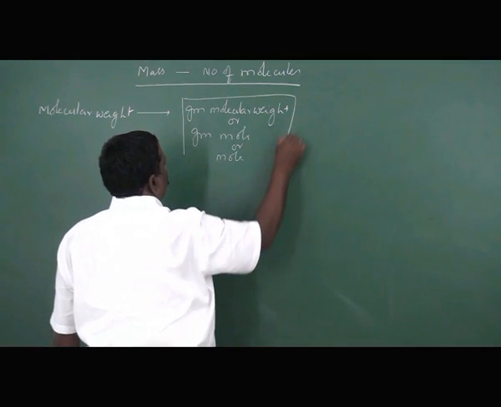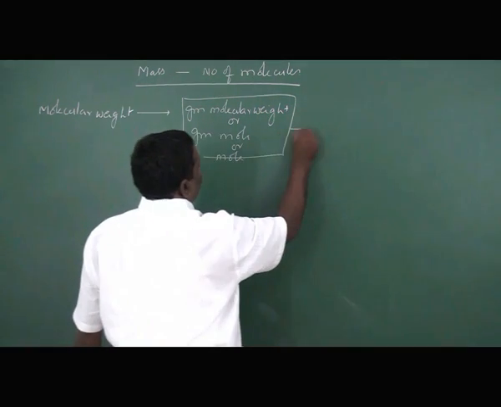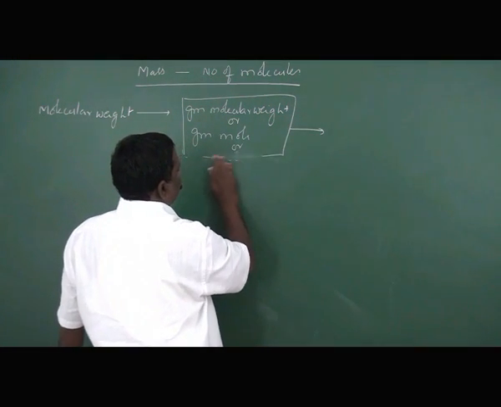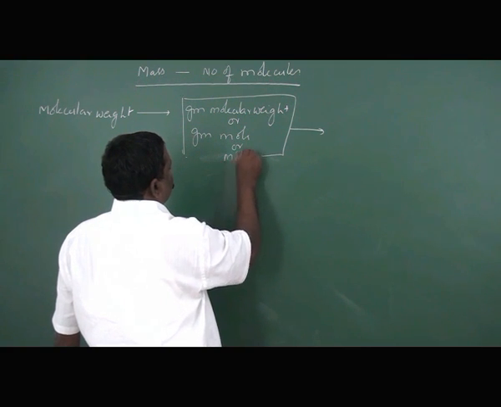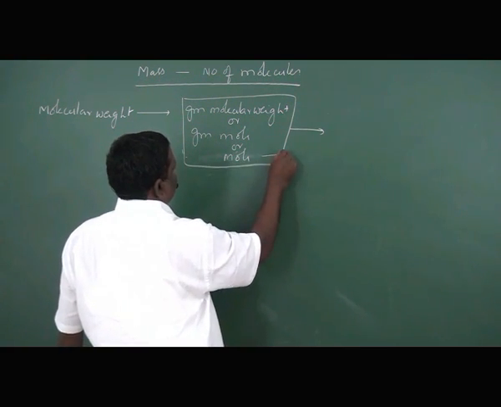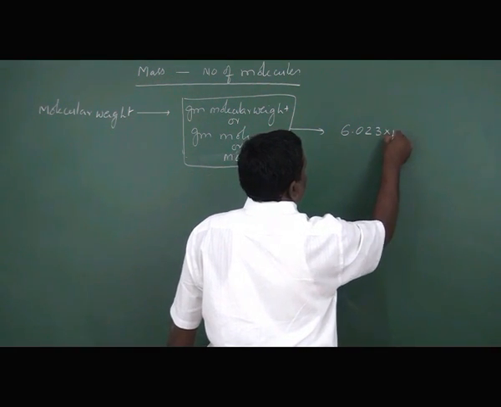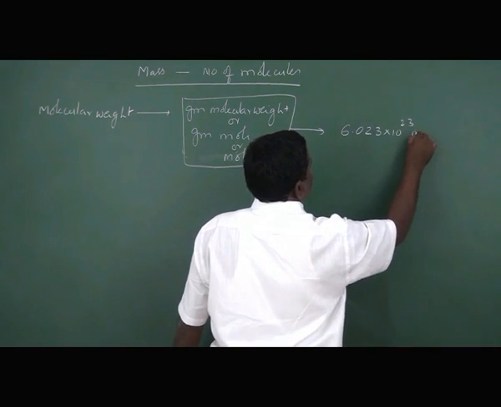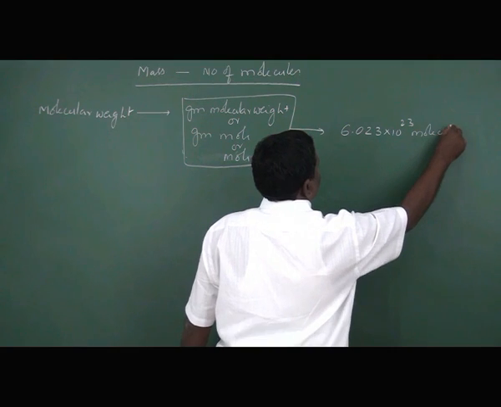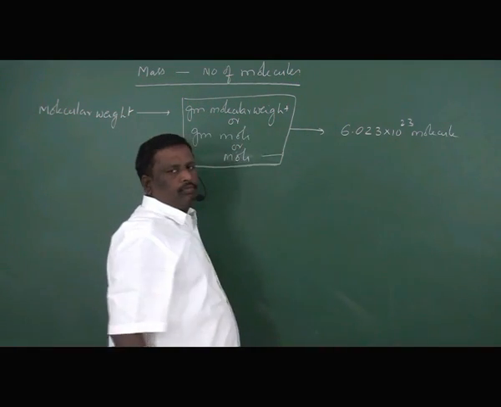Now, 1 mole of any substance will contain 6.023 into 10 to the power 23 molecules. So, this is the relation.